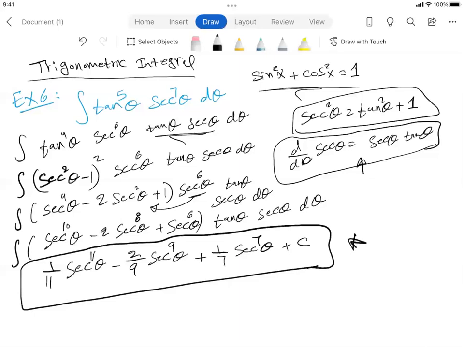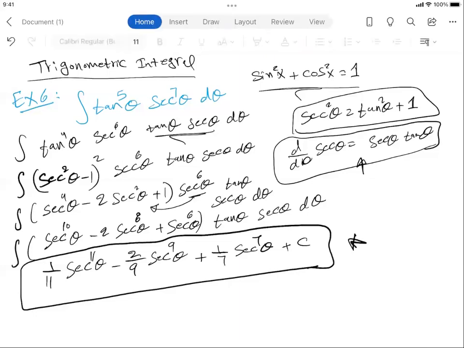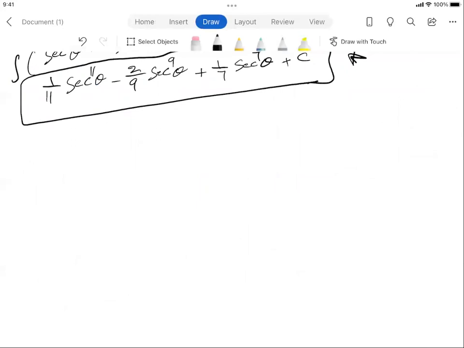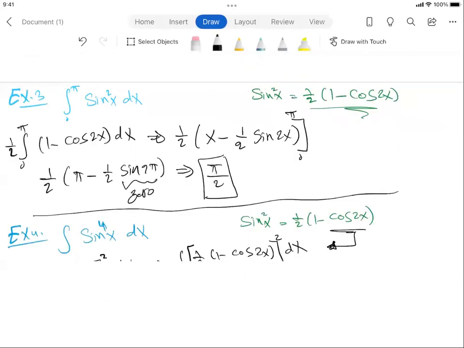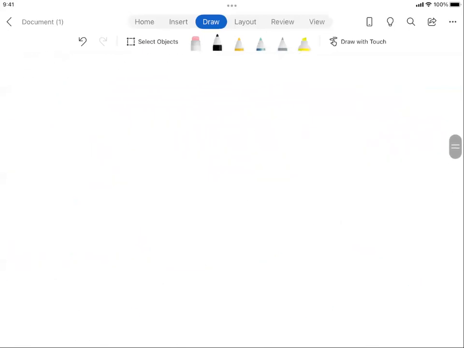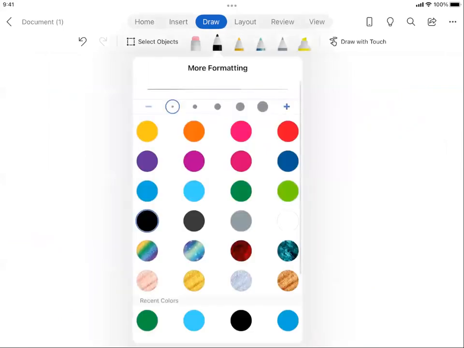Maybe before moving to the next example, I would like to derive two formulas that will be very, very useful. Let's use a different color.